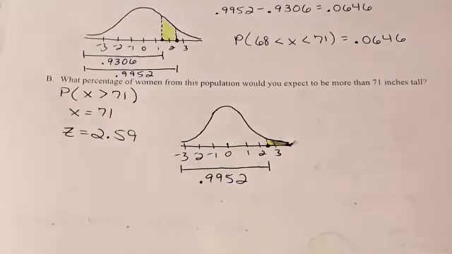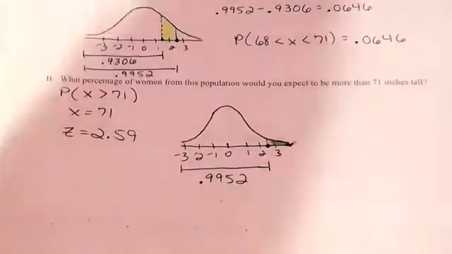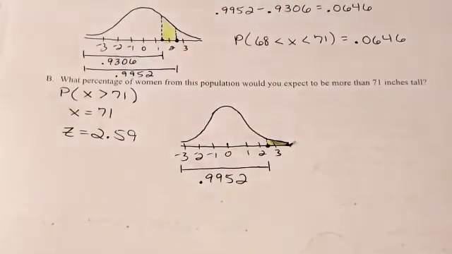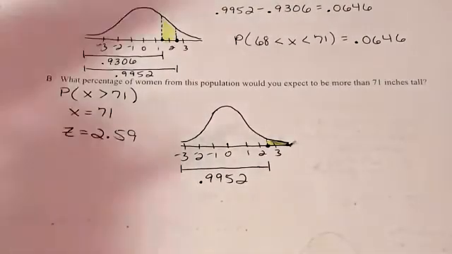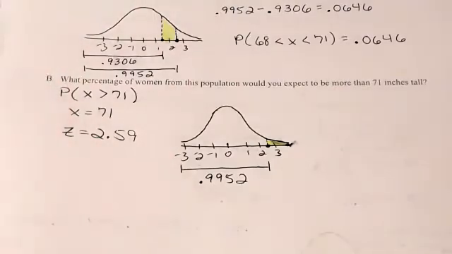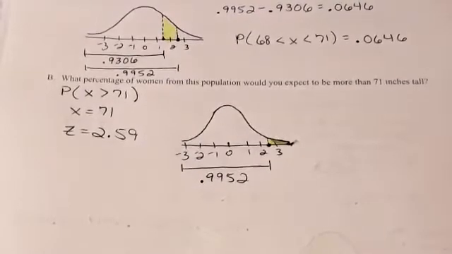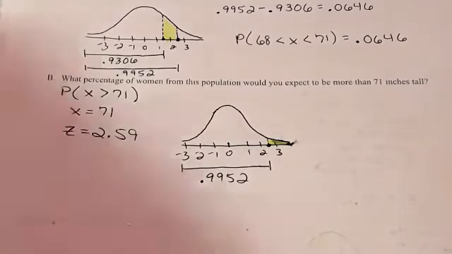Kelly, if I know that the area to the left is 0.9952, what is the area to the right? And how do you calculate this? I was just going to ask, how did we get to 0.9952? Oh, perfect. We will actually just go to our z-score table.